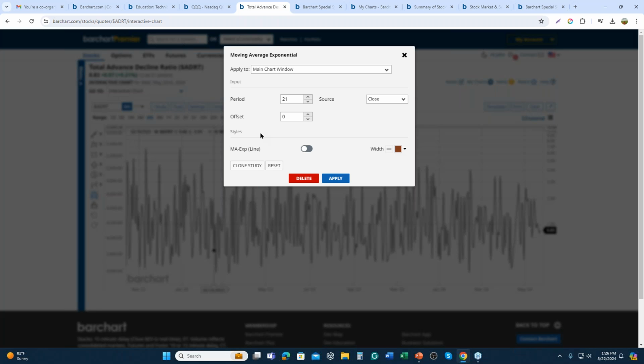But some common moving averages that you would use for breadth indicators would be 10, 21, 40, and 55 days. If you're looking at weekly analysis, then you might want to look at something like a 13 or a 40. So I'm using a 21 on this one.